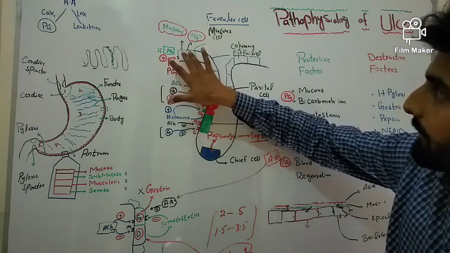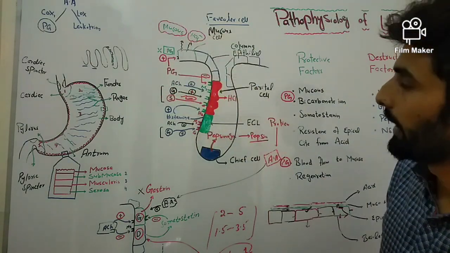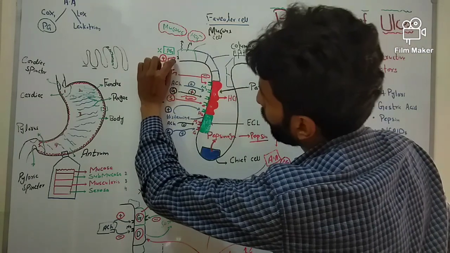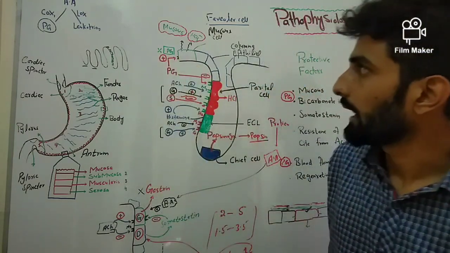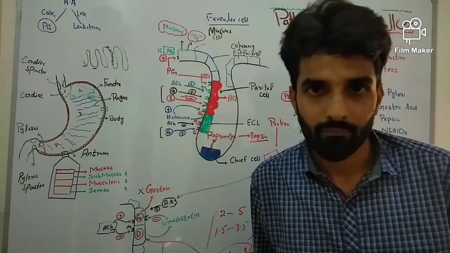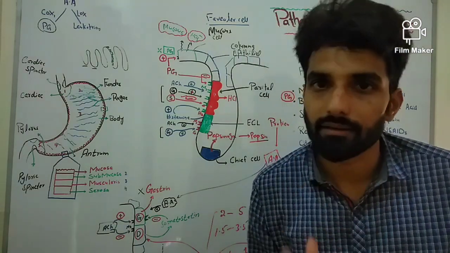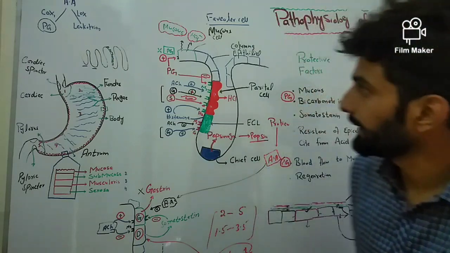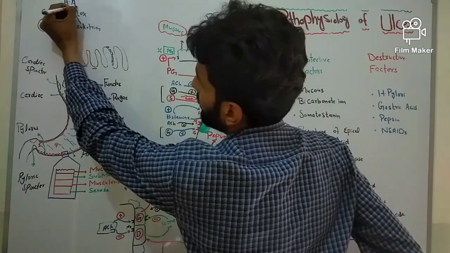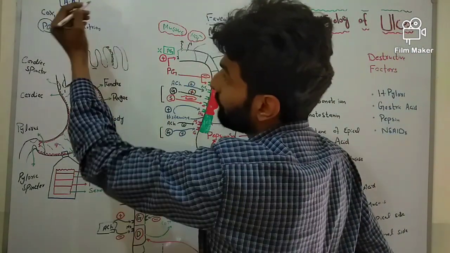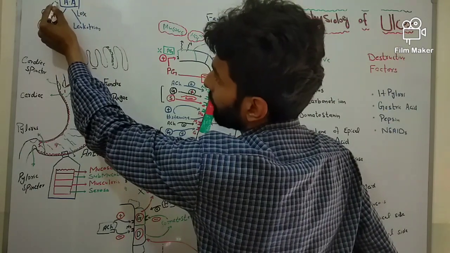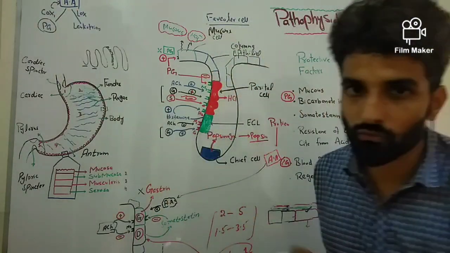As I have explained, the foveolar cell releases mucus and bicarbonate. Here you can see prostaglandin receptors present on the foveolar cell. Prostaglandin is a membrane-derived mediator. When the COX enzyme acts on arachidonic acid, it is converted into prostaglandin.